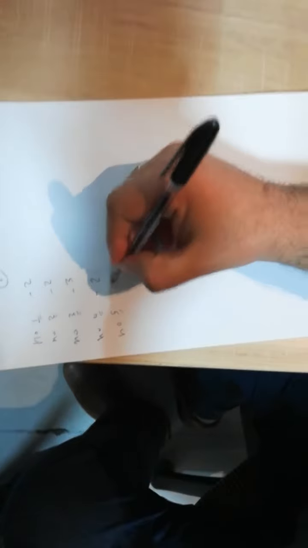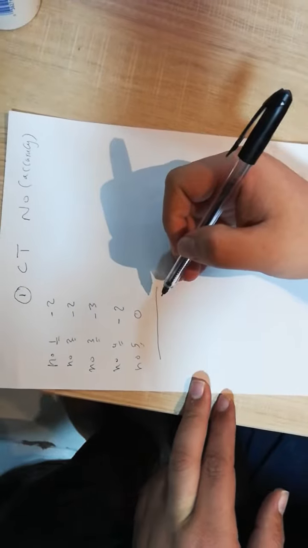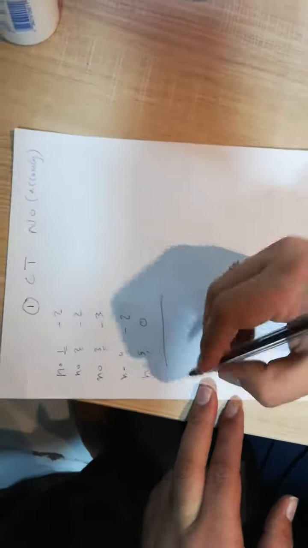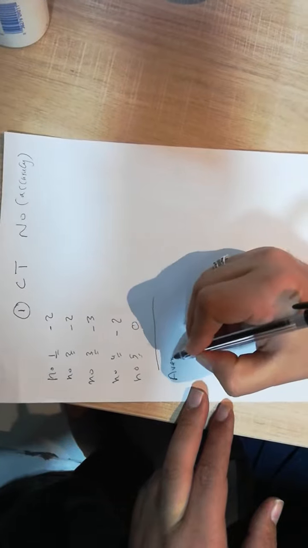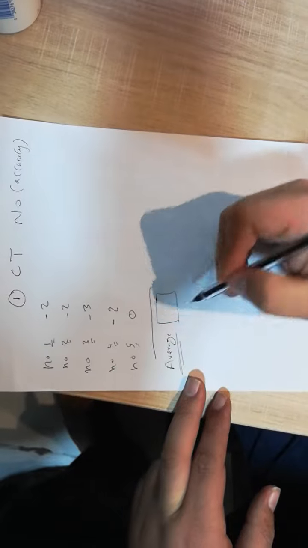So taking the average of all these values will give you the CT number value.